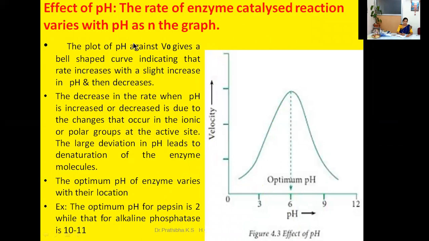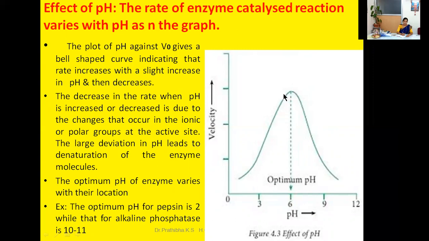Effect of pH. The rate of enzyme catalyzed reaction varies with pH as in the graph. The plot of pH against V naught gives a bell-shaped curve, indicating the rate increases with a slight increase in pH, then decreases.